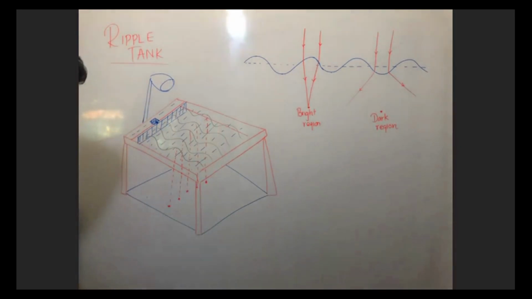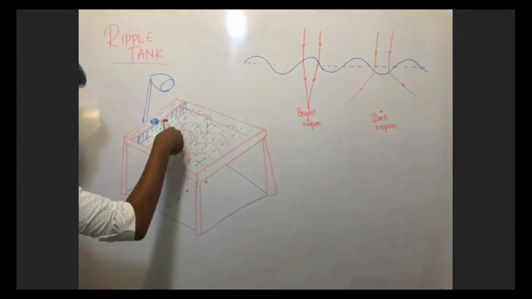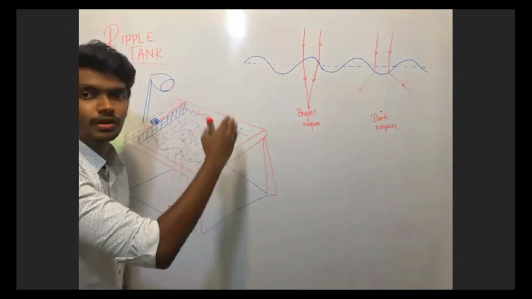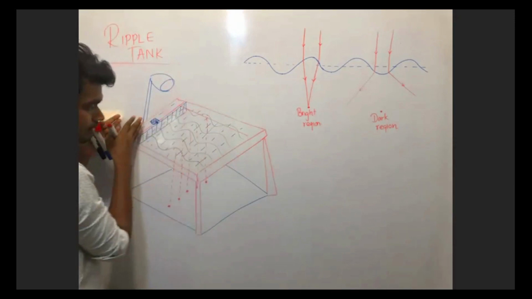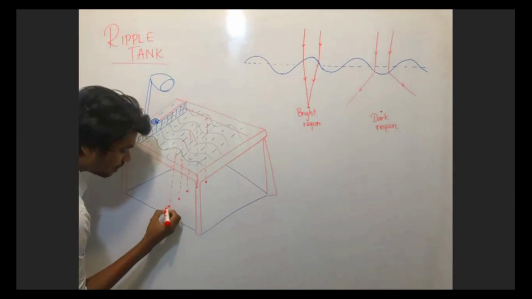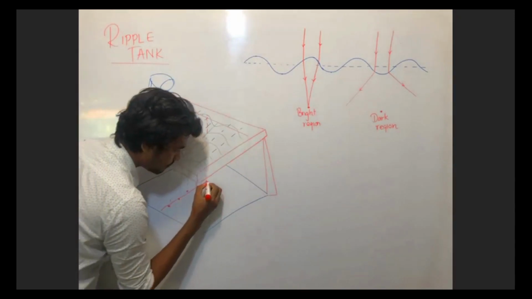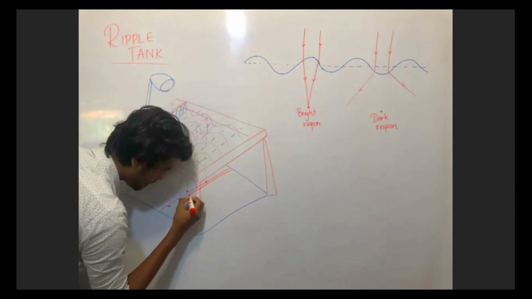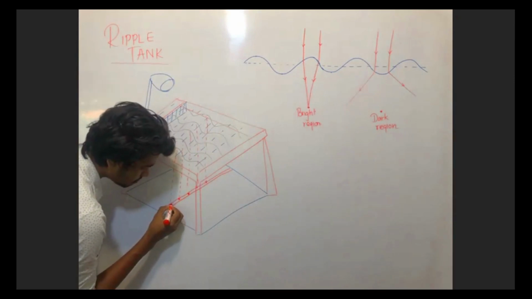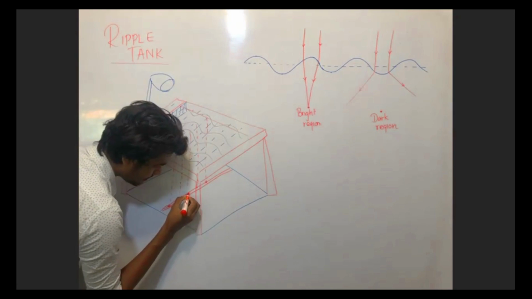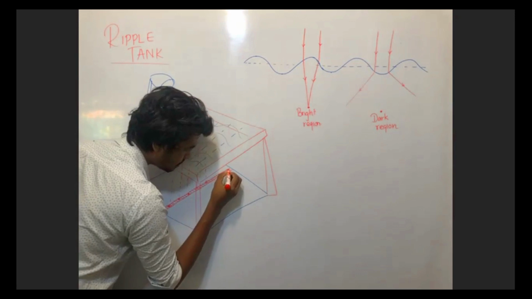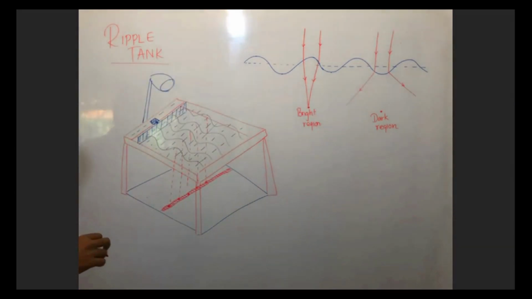It's not a finite number, it's plenty of waves, an uncountable number of waves. So those lines form a bright region.